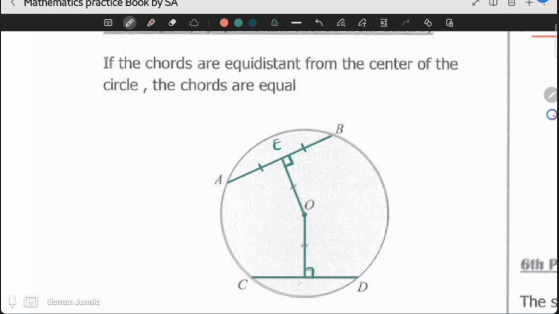Let's put a line F and E. So EB is equal to AB, OE is equal to OF, and CF is equal to FD.